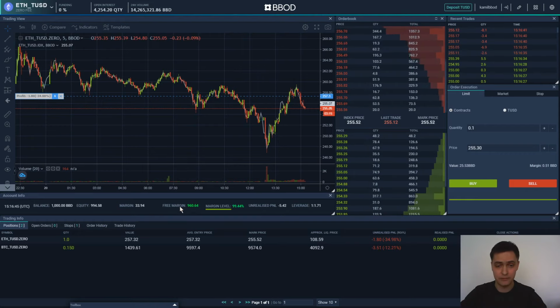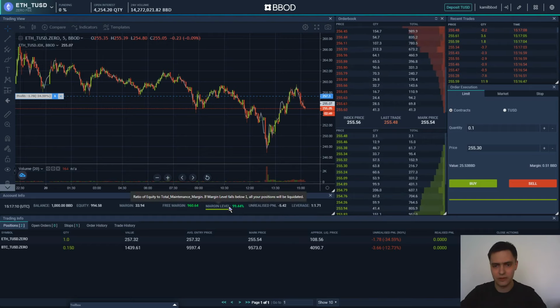Next you have free margin, so that means how much money you still have to play with. Yeah, you can post orders with this because every order you post has some margin that takes away from free margin. Margin level, which is basically a percentage visualization of where you are with your positions. So if that falls to 0%, you will get liquidated.